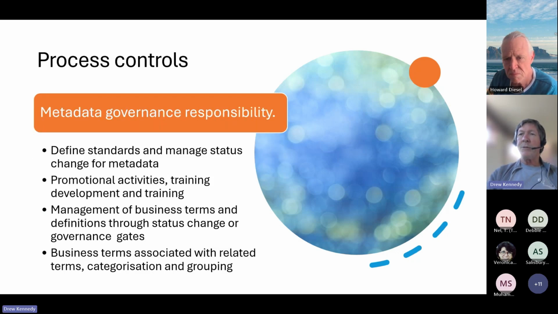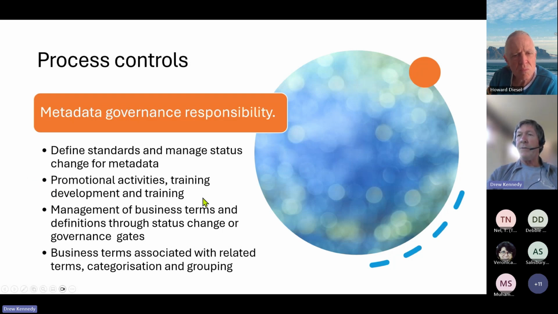So we look at some of the process controls. We're saying, okay, so what are the things that we need to actually put in place if we're going to have governance for metadata based on the business cases that we've looked at? Somebody's going to have to actually define the standards and manage the status or change for metadata, probably the metadata team in collaboration with the business guys.